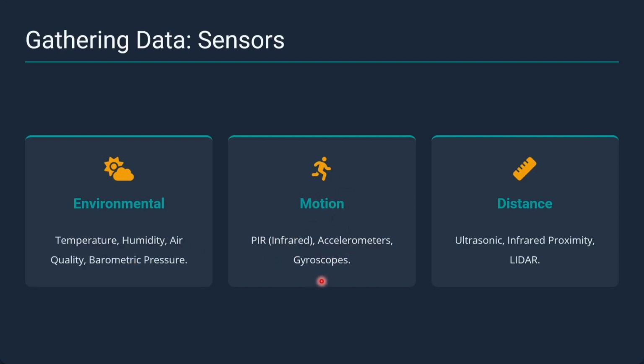These all work based upon motion. Whenever there is a change in motion, whenever a person is moving or something is shaken, based upon that the sensors will work. And to check distance we also have sensors like ultrasonic or infrared proximity. Like this we have sensors to check distances.